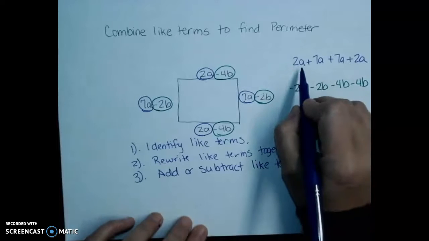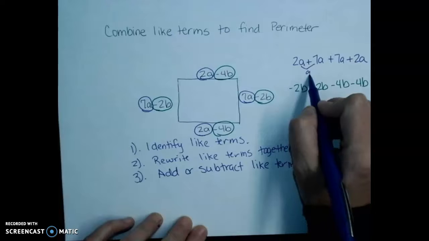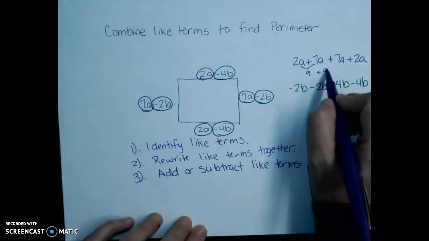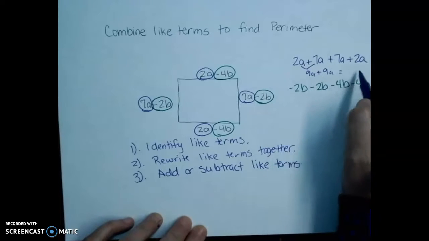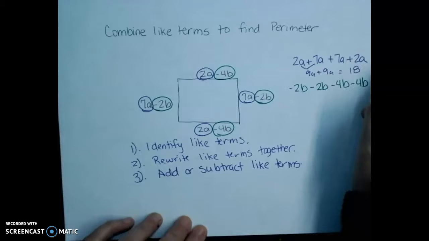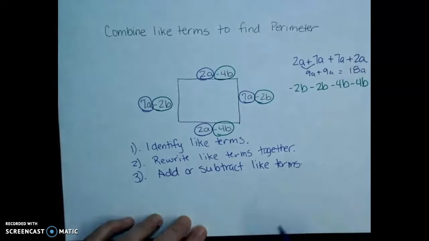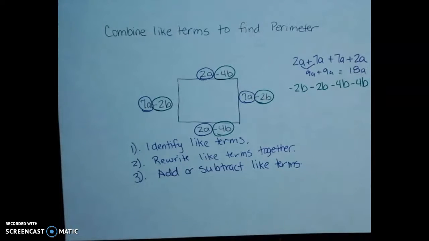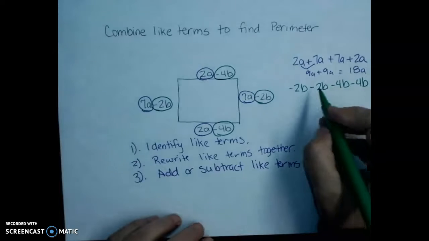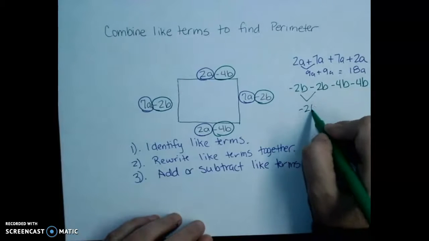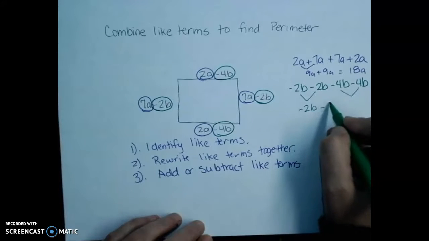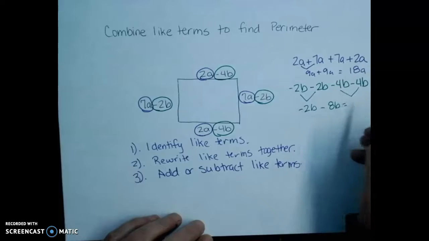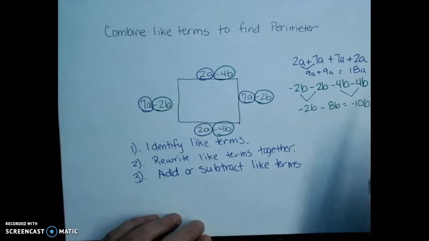So that becomes 9 plus 9, which would give us 18a. And here we have negative 2b minus 8b, which would give us negative 10b.